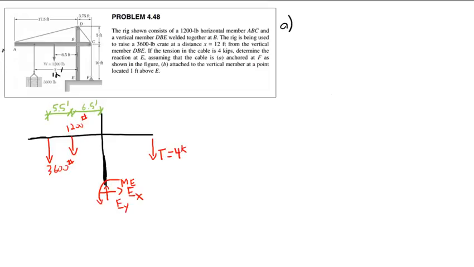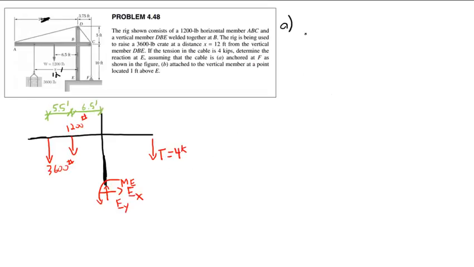I don't care about the end of the boom though. All I care about is the distance to these forces. The distance to the 1,200-pound force from the central vertical is 6.5 feet. Just ignore that, we're actually not going to need it for this problem. So this is just going to be 12 minus 6.5. This thing here is 5.5. That's it.